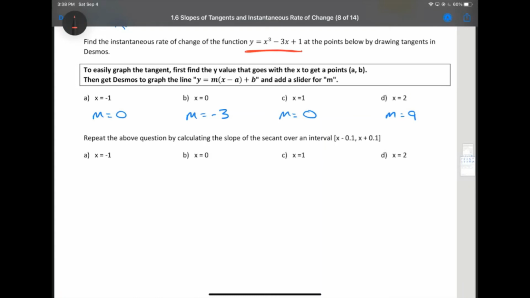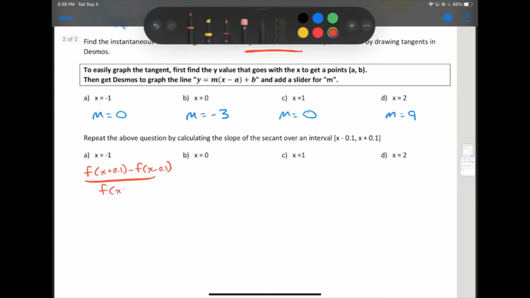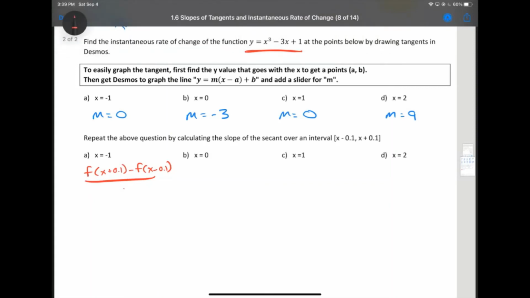So what I want to do is say f at x plus 0.1 minus f at x minus 0.1 over, sorry, get rid of that. It's change of y over change of x. Okay, so that's the formula.